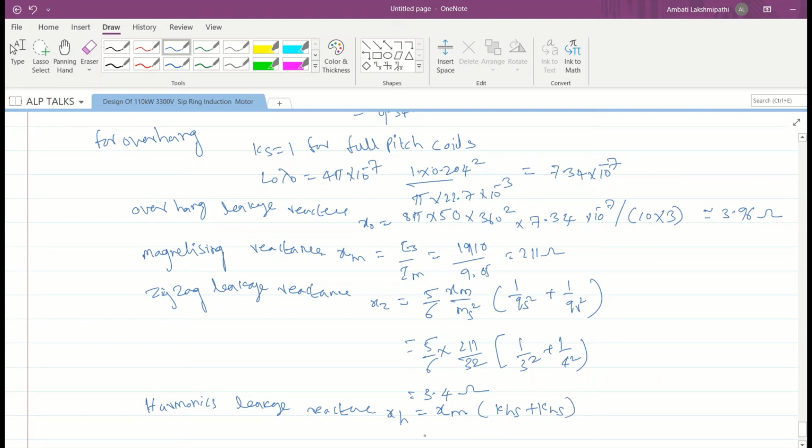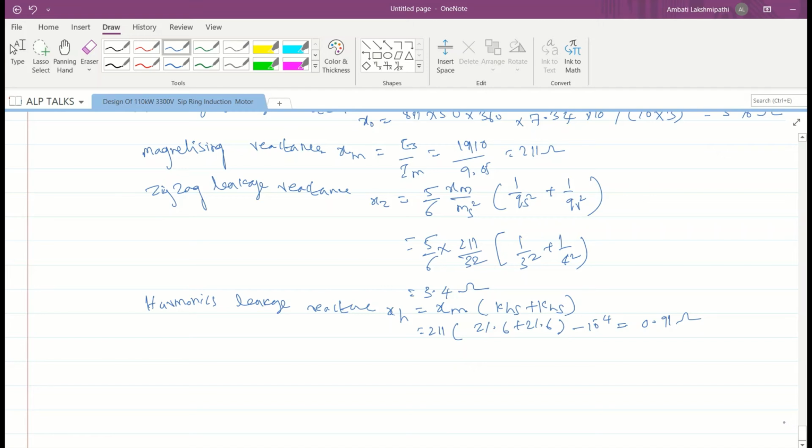For this case 211 is the Xm value, 21.6 plus 21.6, minus 10 power minus 4. So you will get a value of 0.91 ohms.